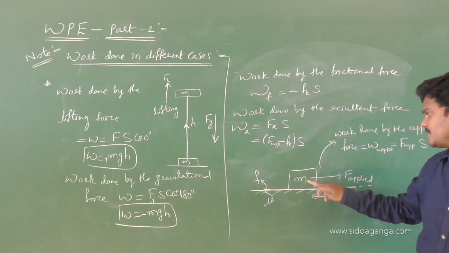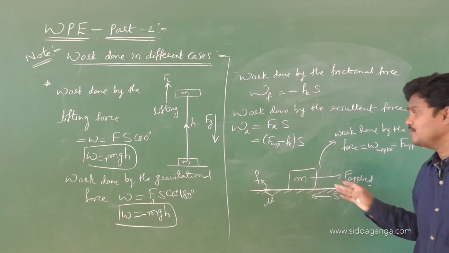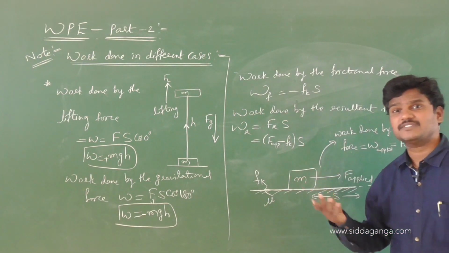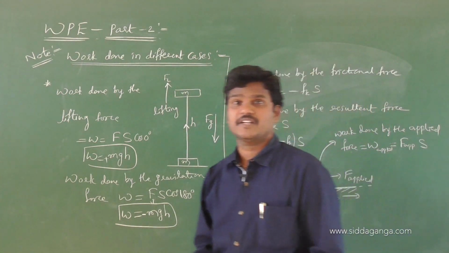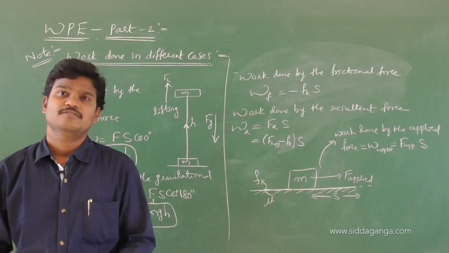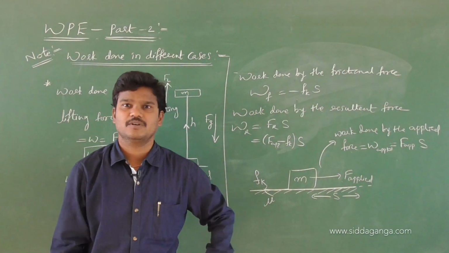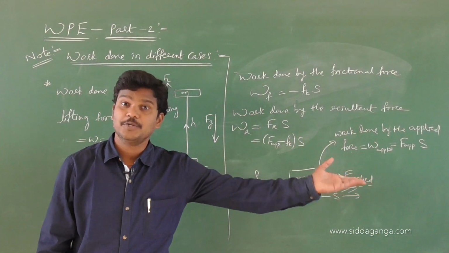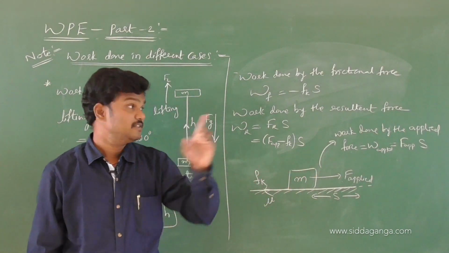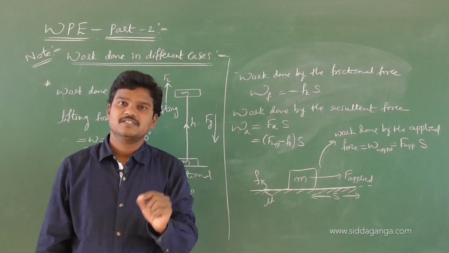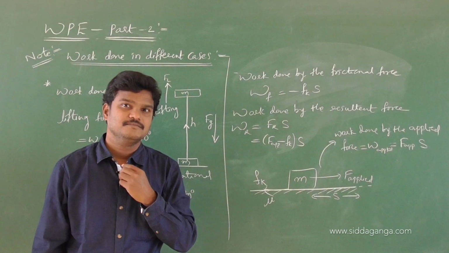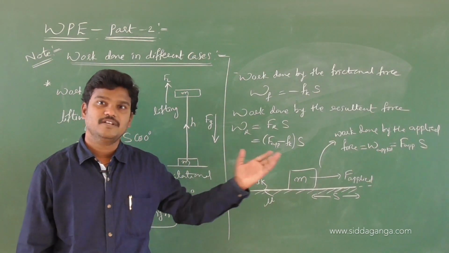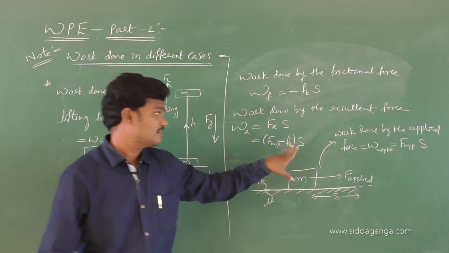If it moves with some acceleration a, you can write this S as ut plus half at square. Use the kinematics. Kinematics will be helpful for all other chapters. If it moves with uniform acceleration a, uniform speed means 0, as just written. If it is given with uniform acceleration, then S is equal to ut plus half at square.